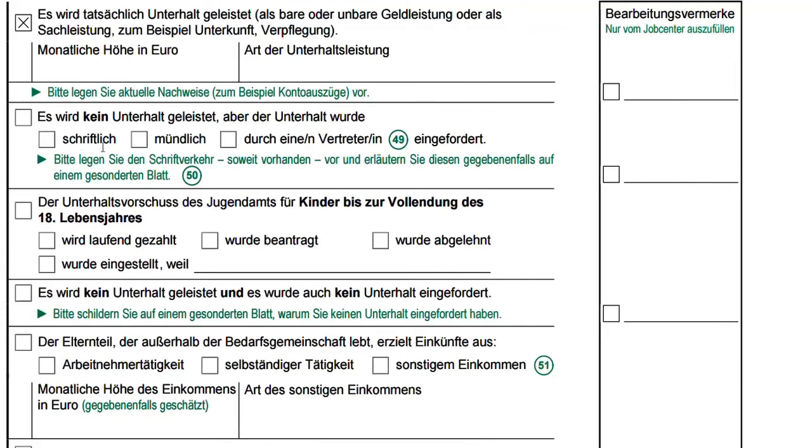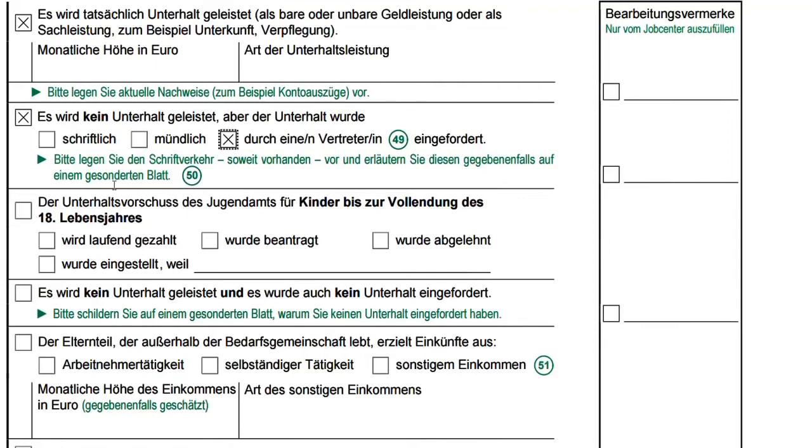If there has been no maintenance being paid, but it has been asked for in a written form or orally or via a representative, you mark here with a cross. If it has been asked for in a written form, you mark here with a cross. If it has been asked for orally, you mark here with a cross. If it has been asked for via a representative, you mark here with a cross.